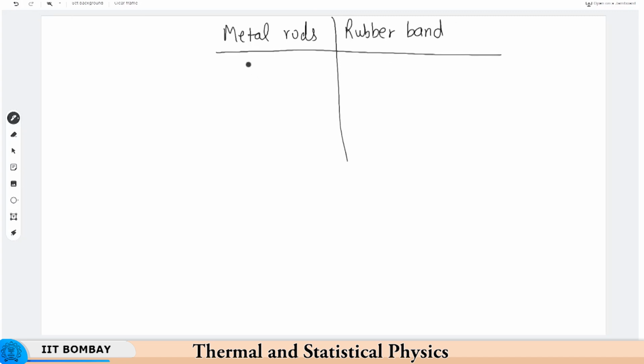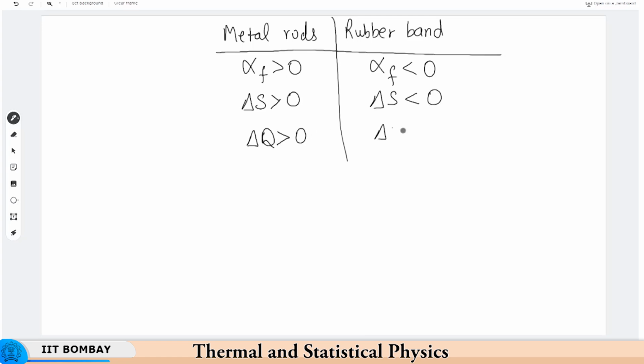For metal rods alpha f is positive, whereas alpha f is negative for a rubber band, a polymer material. If alpha f is positive, delta S will also be positive, and delta Q is positive. If alpha f is negative, delta S and delta Q are negative.